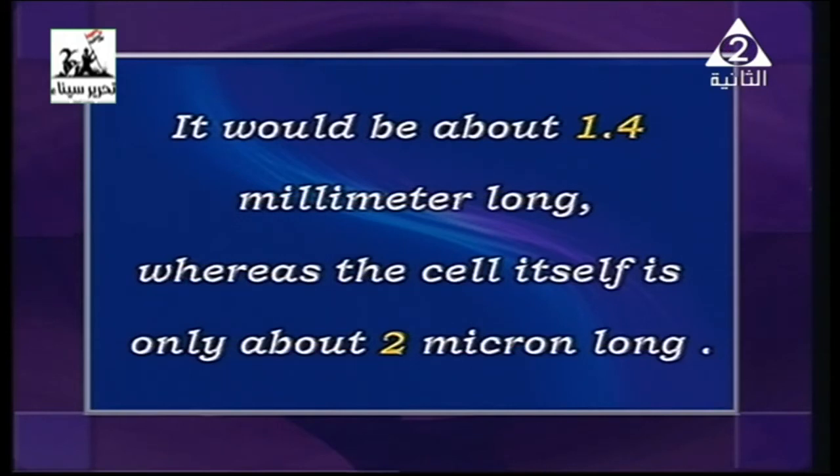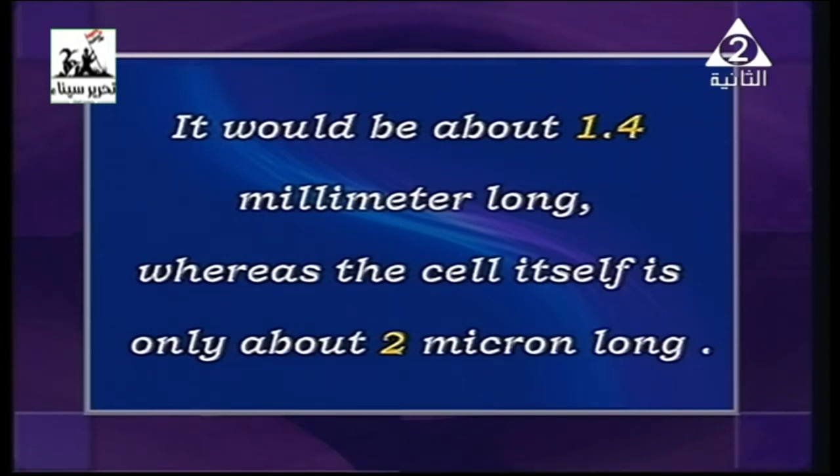And is it long? Sure. Because the cell itself is only about 2 micron long, do you believe that? So the double helix and twisting of the DNA is very tightly packed inside the cell itself.